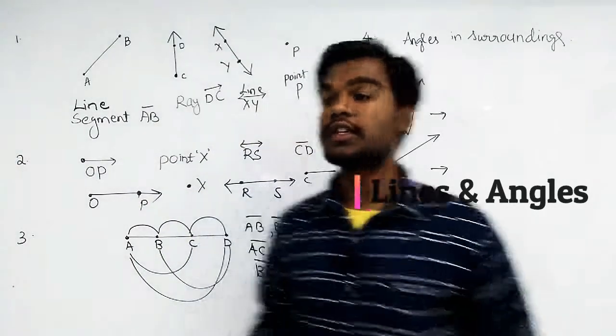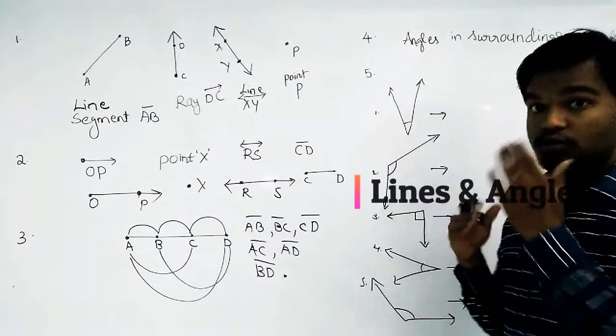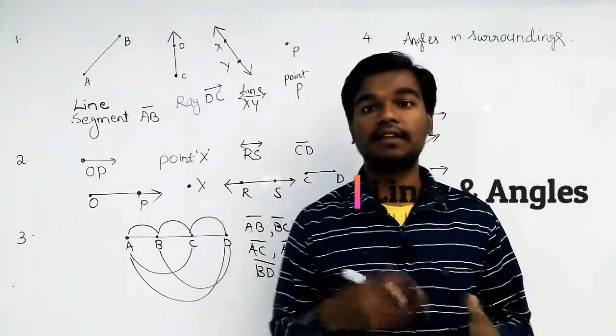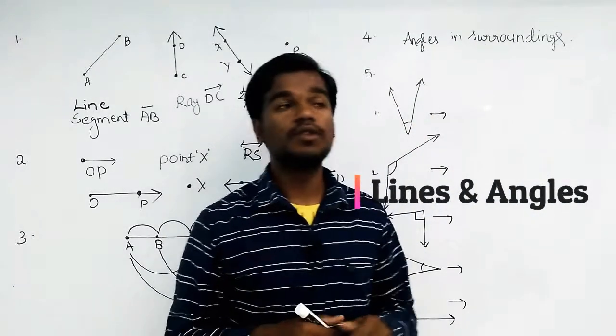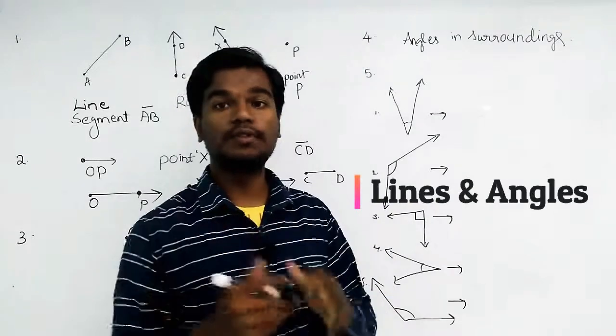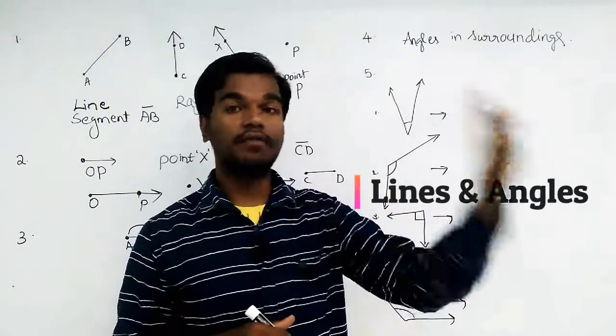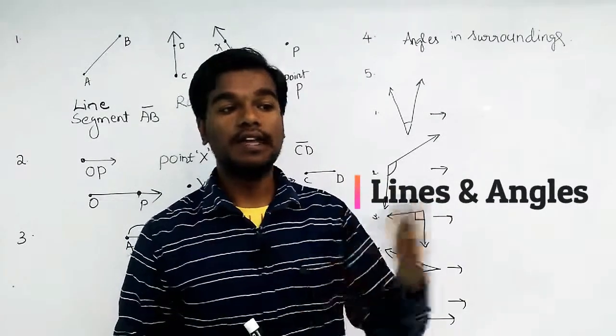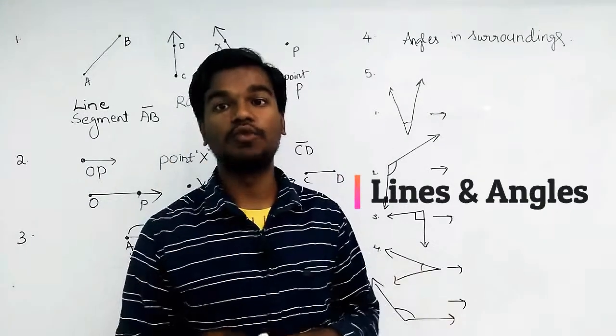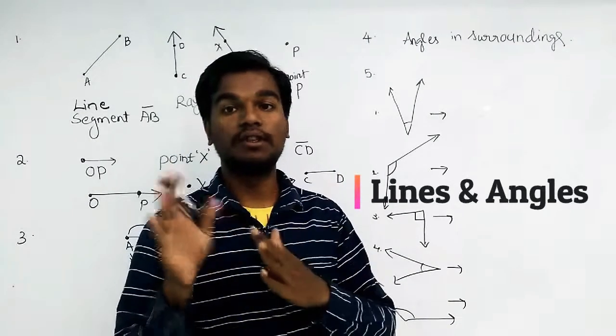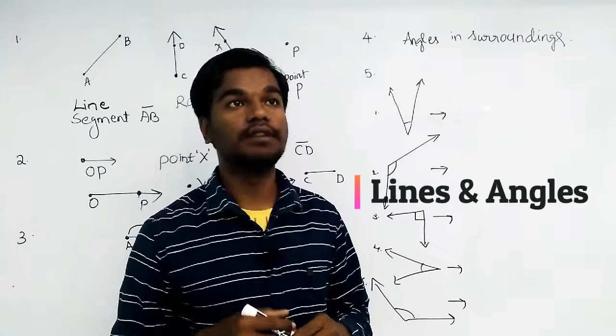Next, the fourth question is, what are the angles you can see around you? What are the most common angles you can see? Suppose we check in a home, in front of doors, you can mostly see right angles, and you can see trees with branches, and all the angles will be there.